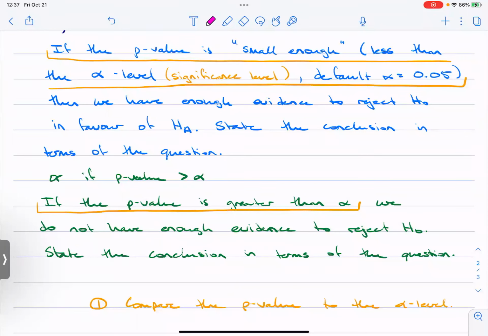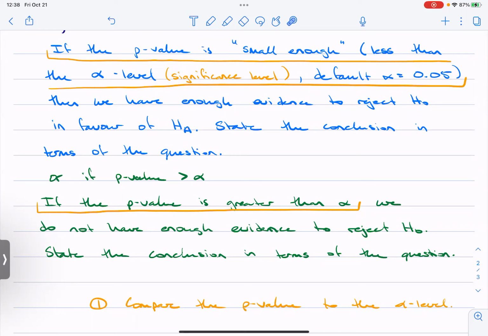The second part is the conclusion in terms of the null hypothesis. It has to be in terms of the null hypothesis just because we did all our testing assuming the null hypothesis is true. So we don't actually involve the alternative hypothesis unless we have enough evidence to reject H naught. Then we offer, okay, so this must be what we're going with.